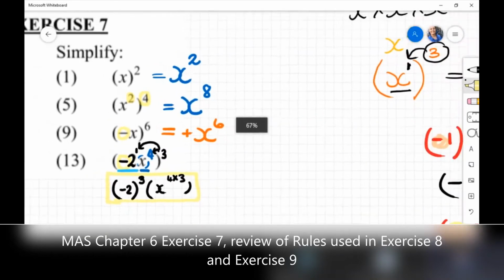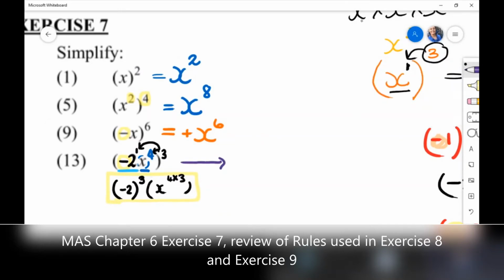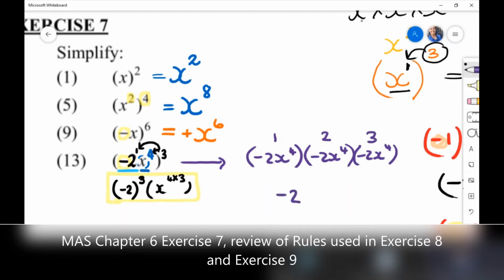But what I do now is this is a shortcut. This right here is a shortcut for saying negative 2x to the power of 4 times negative 2x to the power of 4 times negative 2x to the power of 4. 1, 2, 3. That results in negative 2x to the power of 4, to the power of 3.